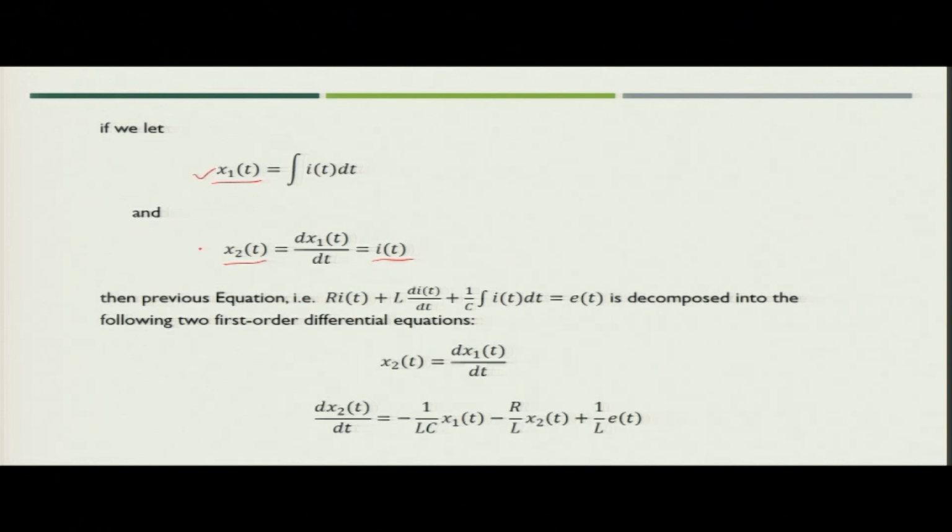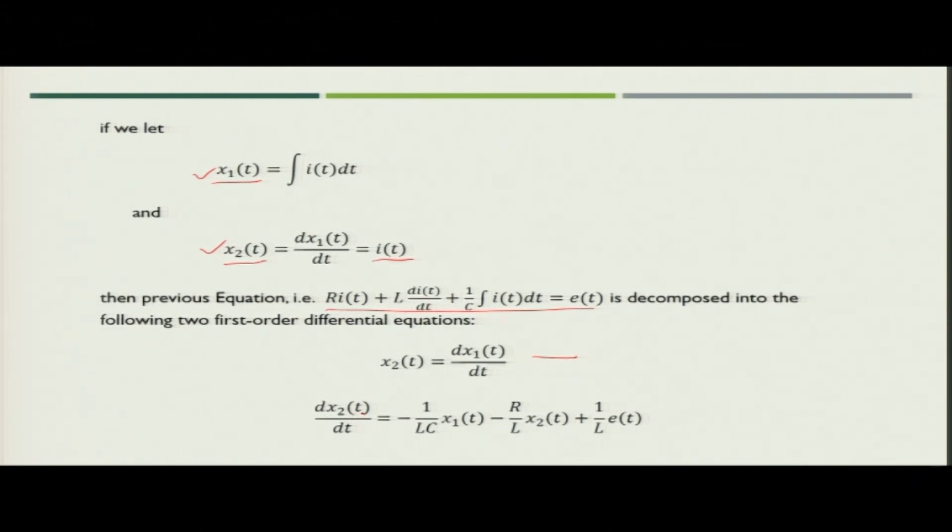If you put the values x1 and x2 in this equation and simplify, x2 is nothing but dx1 by dt, which you can get from these two equations. And di by dt is nothing but dx2 by dt.